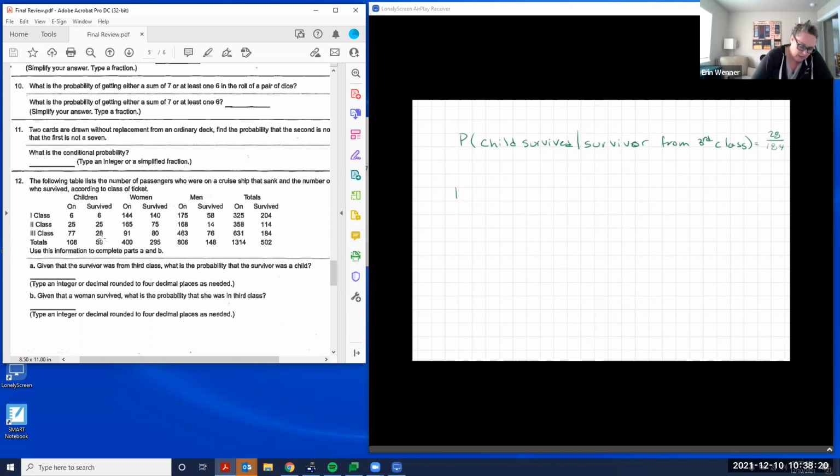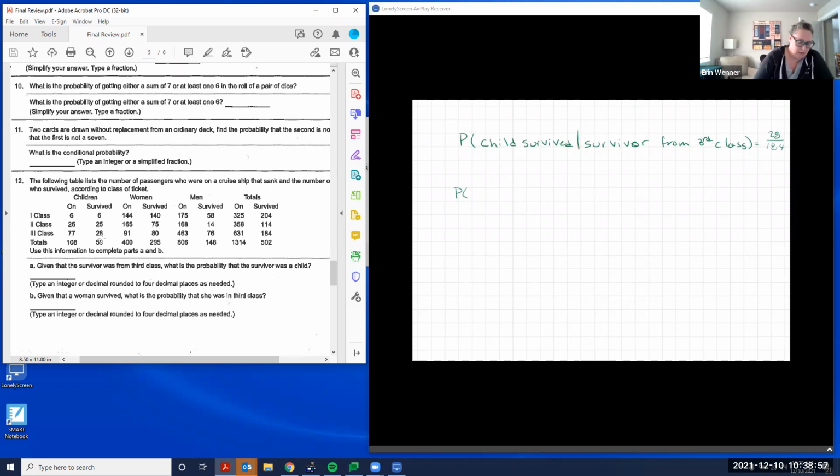And then part B says, given that a woman survived, what is the probability that she was in third class? So now we're looking at probability that woman survived. Oops. I'm stating this wrong.